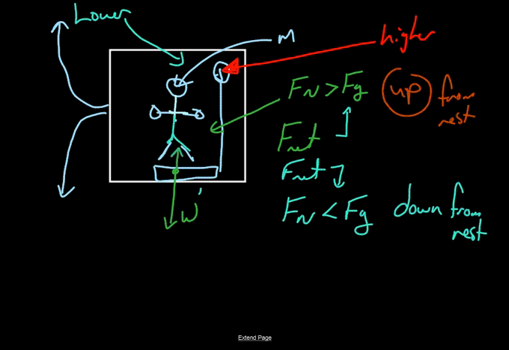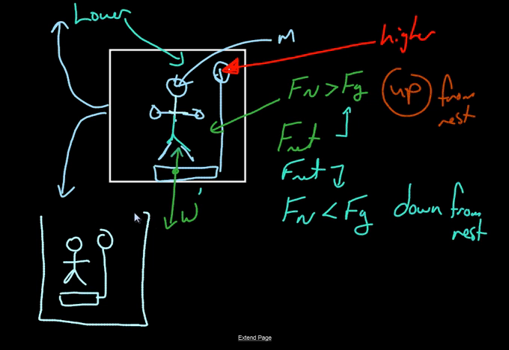Okay, so there are two other situations that we need to talk about with this elevator business. Let's just imagine here's your scale, here's your person, and the whole elevator is traveling downward at a constant velocity.